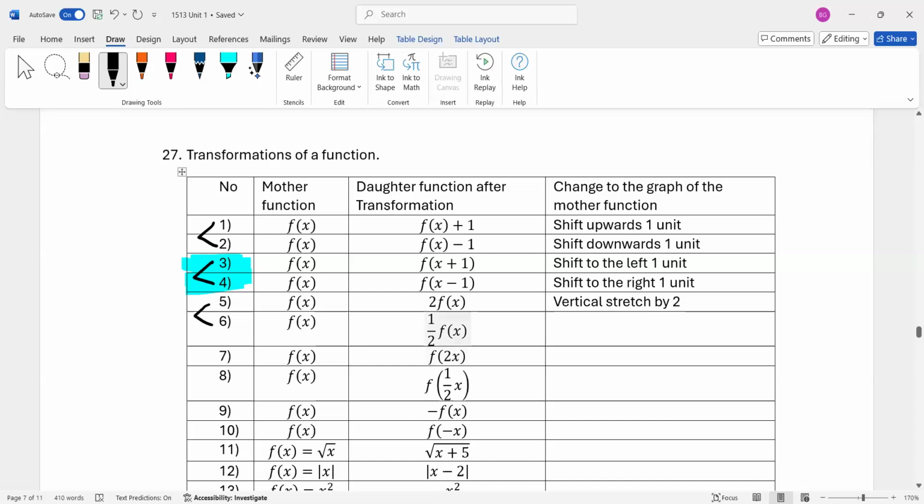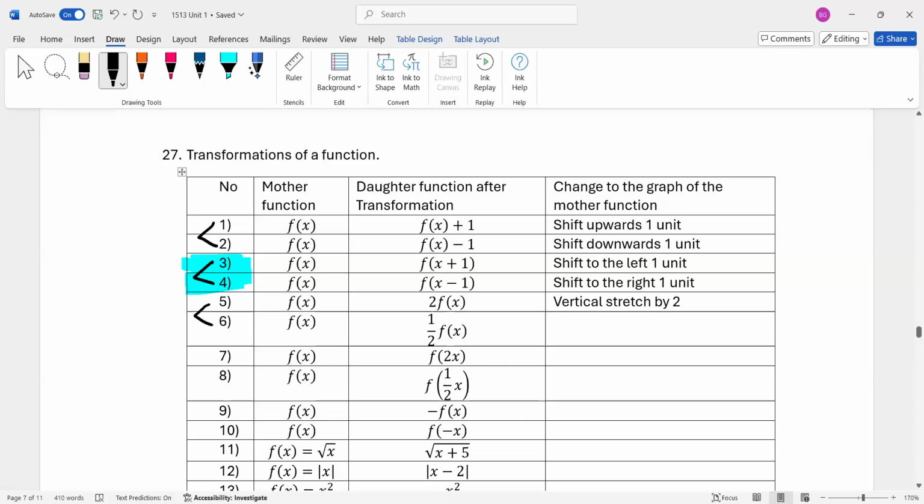Similarly, if you multiply the function f of x, y value, again, f of x is y, by 1/2, a number less than 1, that means the y value is smaller than the original y value, right? So for the same input, all the outputs become half size of the original y value.